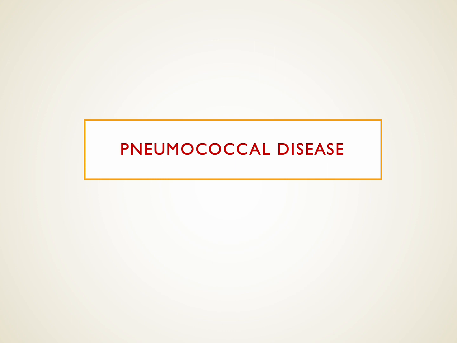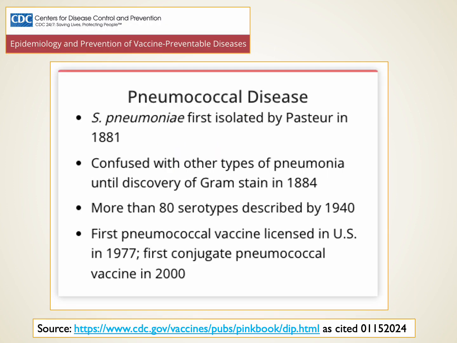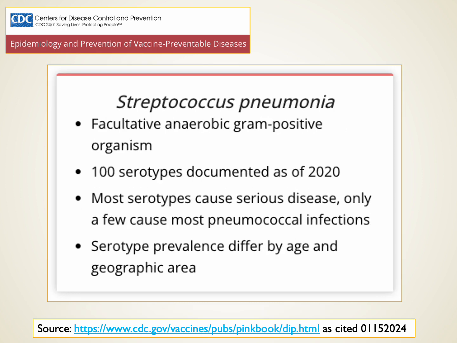Let's go on to pneumococcal vaccine. Pneumococcal disease, strep pneumo, was isolated in the late 1800s by Pasteur, and the first vaccine was available in 1977. Streptococcus pneumoniae is a facultative anaerobic gram-positive organism with multiple serotypes, and most serotypes cause serious disease, but only a few of them most commonly cause the pulmonary infections.